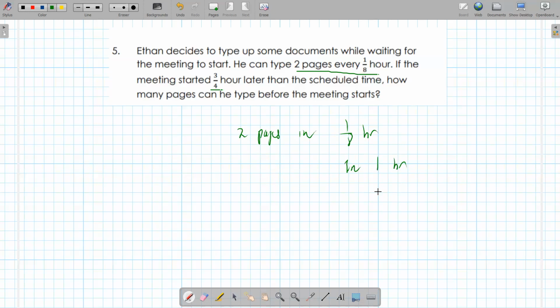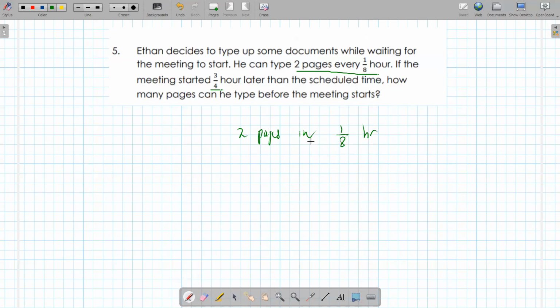No. 2 pages in 1/8 of an hour. Think of it this way. If 2 pages in 1 hour, how many pages in 2 hours? 4. What did you do? Multiplied, right?